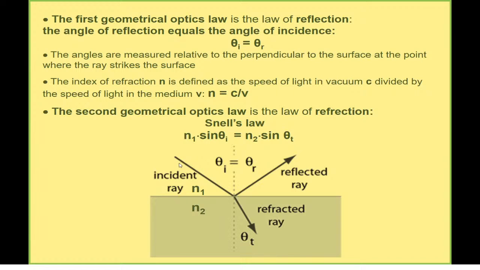So you can see the incident ray is shown as a straight line. It falls on a smooth flat surface separating two homogeneous, optically uniform media, and after this it changes its direction of propagation.